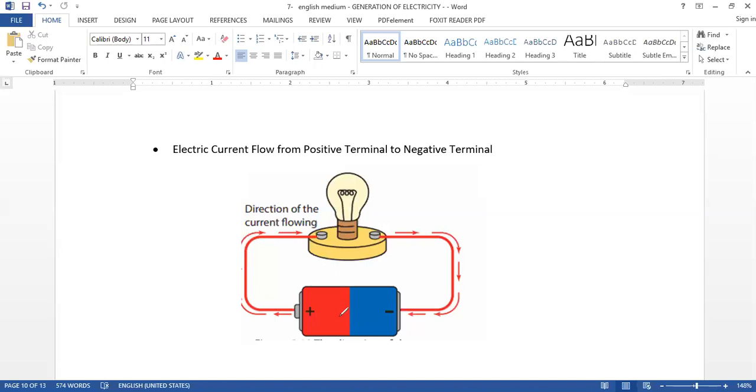In this dry cell, the current is flowing from where? Positive terminal to negative terminal. So this is positive and this is negative, so current flows from here to here. Always the current is flowing from positive terminal to negative terminal.